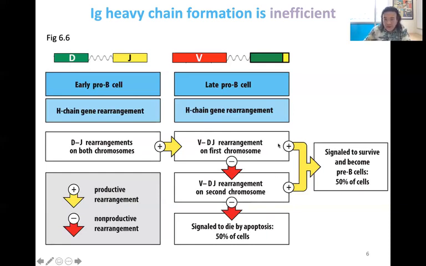However, if at either of these steps you succeed in properly getting a V block joined up productively with a DJ block, so about 50% of the cells succeed in doing that, they move on out of the pro-B cell stage into the pre-B cell stage. At this point, the developing B cell will make the heavy chain protein and evaluate whether or not this heavy chain protein actually looks right.